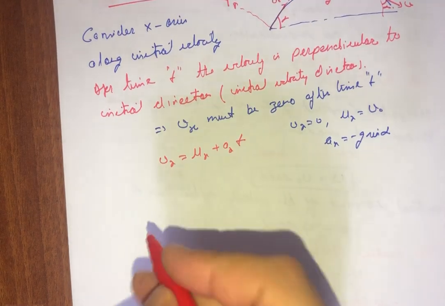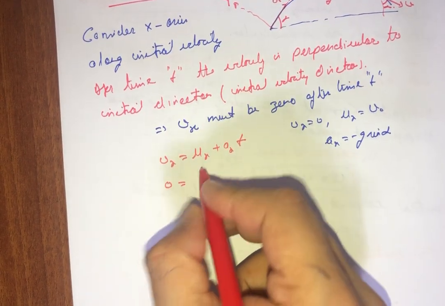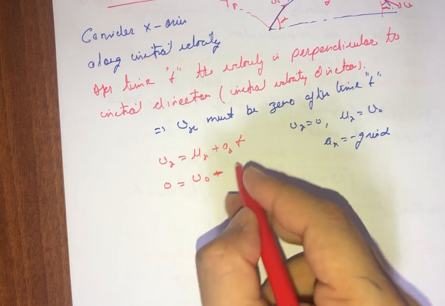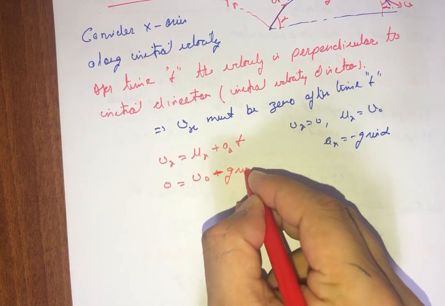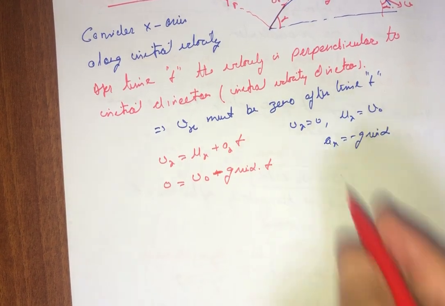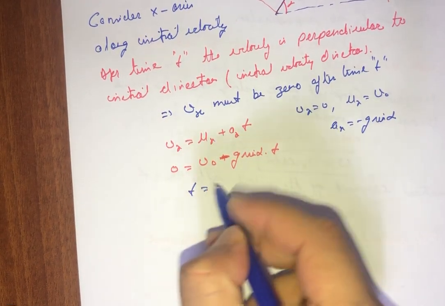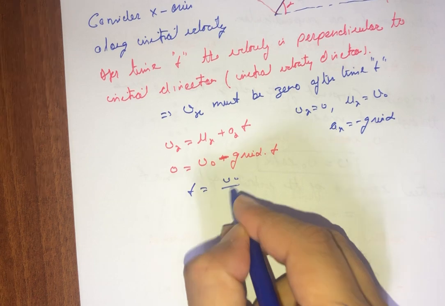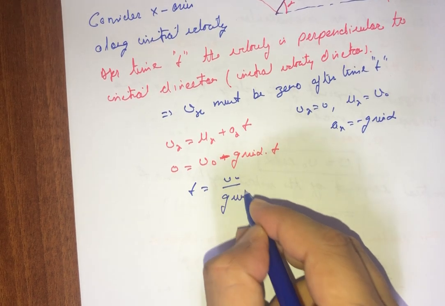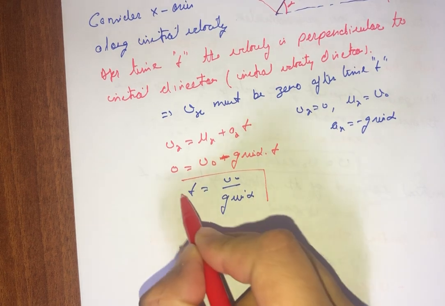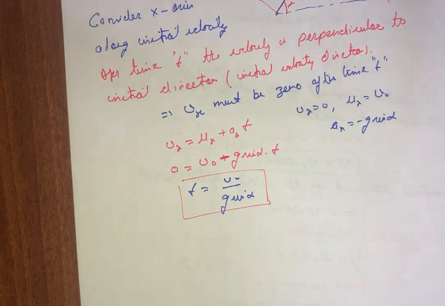So we put here 0 is equal to V naught minus g sine alpha into t. So from here we can find out t. So t will be equal to V naught divided by g sine of alpha. This is the required time in which the velocity direction will be perpendicular to the initial velocity direction.